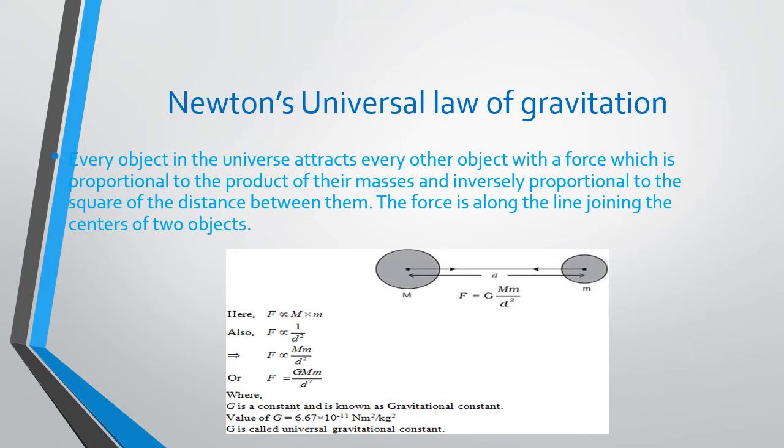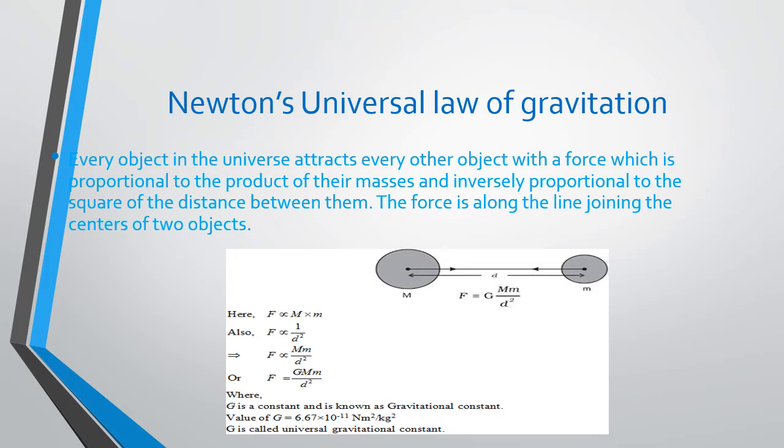That is, F is directly proportional to capital M into small m. Also, F is inversely proportional to d square. Therefore, F is proportional to capital M small m divided by d square.